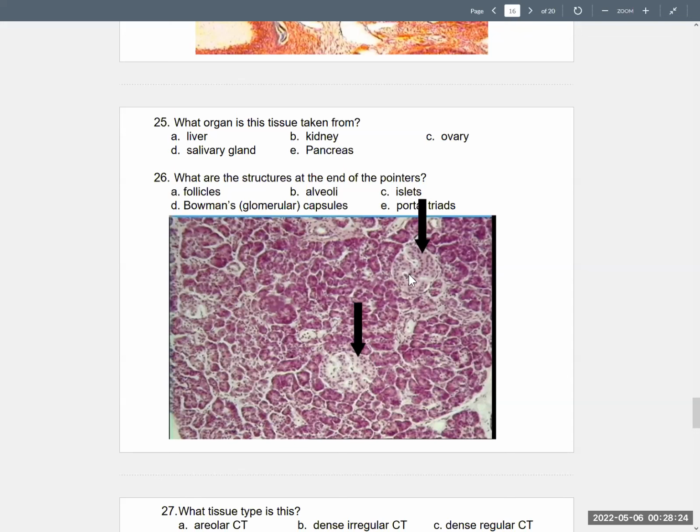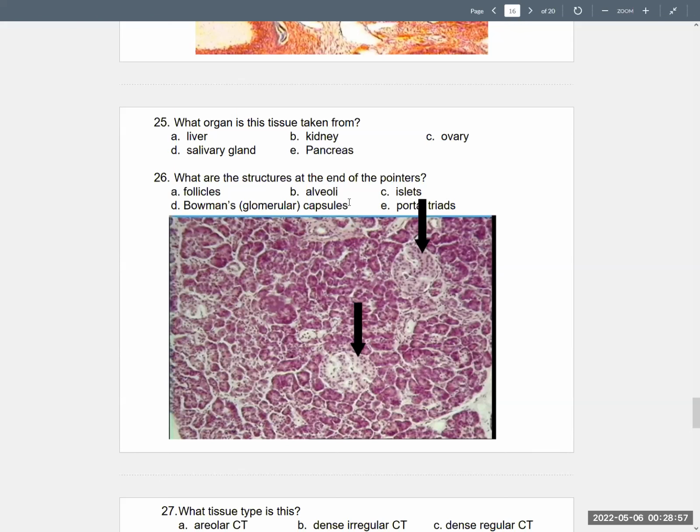I want to know these structures. Make a guess.